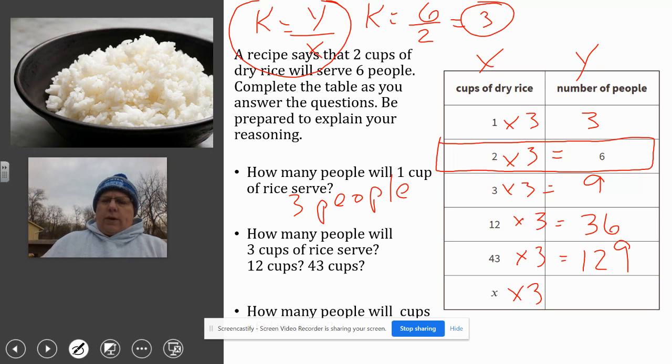So if that's the case, what is 3 times x? Well, 3 times x is 3x. The x value is unknown. So that means I could go back and look at any number of cups of rice and I can always input that value, multiply it by 3, and I'm always going to be able to determine how many people I can fit in my recipe.